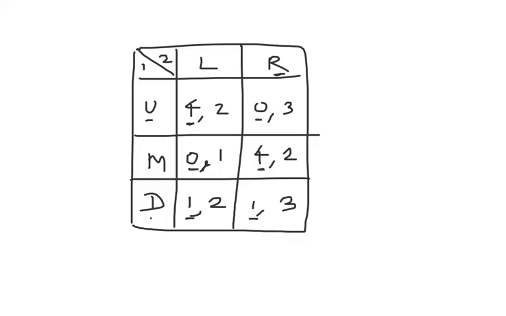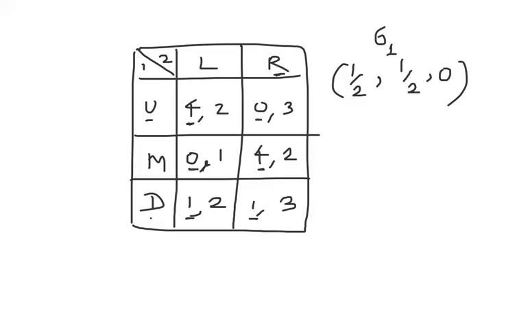So then we can look at some mixed strategies. So let's say we are considering a mixed strategy where player 1 chooses up with a probability of half, middle with a probability of half, and down with a probability of 0, right? So this is a mixed strategy for player 1, sigma 1. So half, half, and 0.